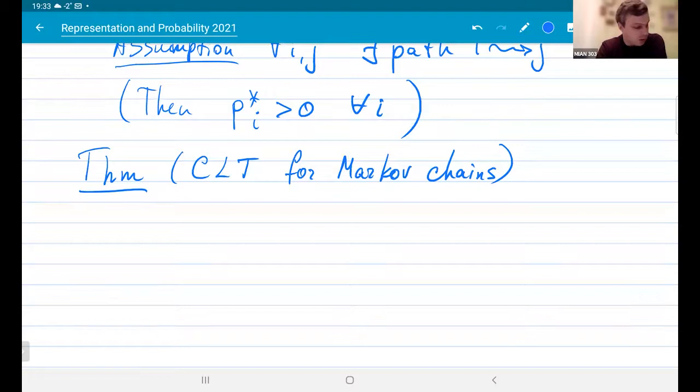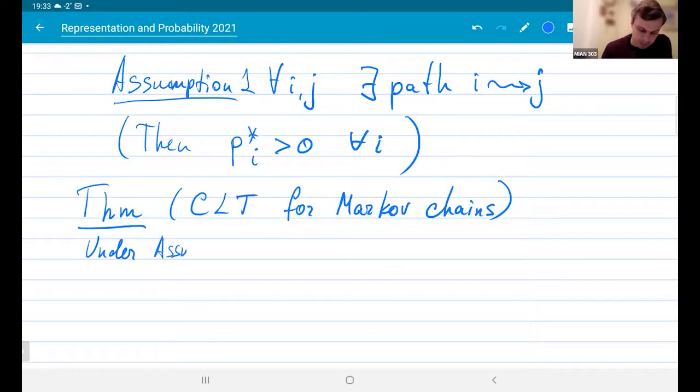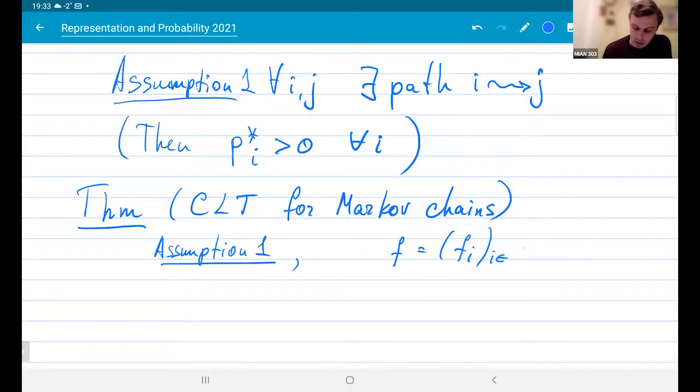So we have assumption 1, we have assumption 1 plus, and we have some function f. We can say that f is just a set of f_i where i is a state.